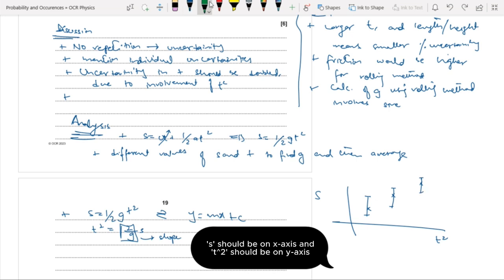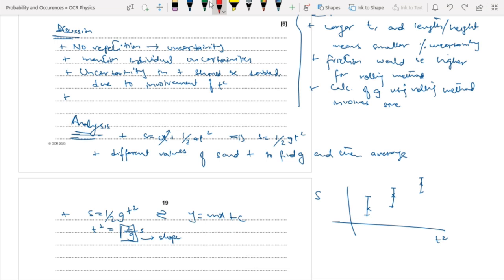And now, finally, the uncertainty can be determined graphically using the best fit and worst fit line method. The best fit line goes through the center. I'm going to try as best as I can to draw the line by hand. You should be using a ruler. And this is the best fit line. And the worst fit line can be drawn like this.